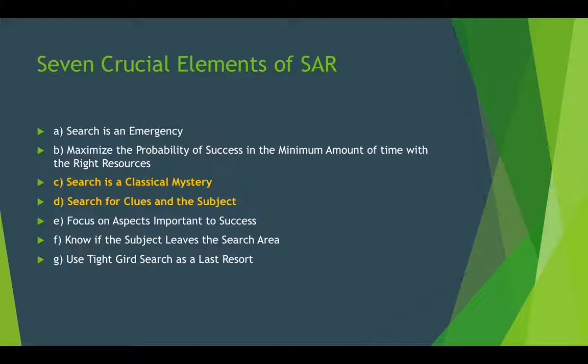Sixth, know if the subject leaves the search area. Again, we'll cover containment here because it's a fundamental component of search and rescue, but also of clue awareness and making sure that you're looking for somebody in the right part of the area. And finally, use tight grid search as a last resort. We'll be coming to what a tight grid search is versus other forms of search momentarily.